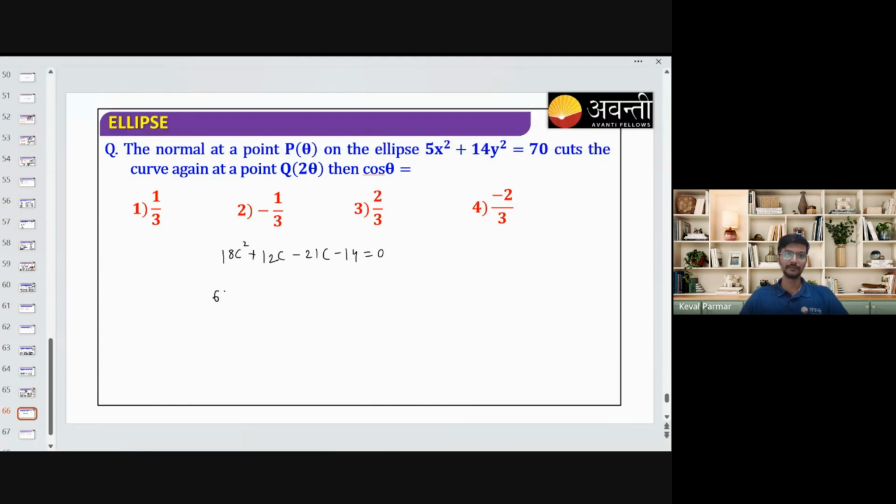So I think we'll get 6 cos common, 3 cos plus 2, minus 7, 3 cos plus 2 equals to 0. So from here I'll get cos theta is equals to minus 2 by 3, or cos theta equals to 7 by 6. Now cos theta cannot be equal to 7 by 6 because it is greater than 1. So I think this is option A.